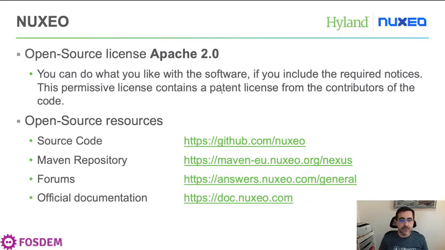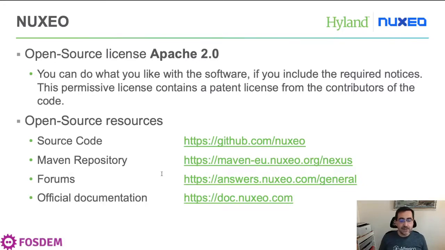Nuxeo provides some public resources to explore. All the source code is available in the Nuxeo GitHub account, while Alfresco is keeping in private some enterprise repositories only for paying customers. Nuxeo source code is completely public. The Nuxeo public Maven repository for Java artifacts and deployments can be accessed at maven.nuxeo.org/nexus.